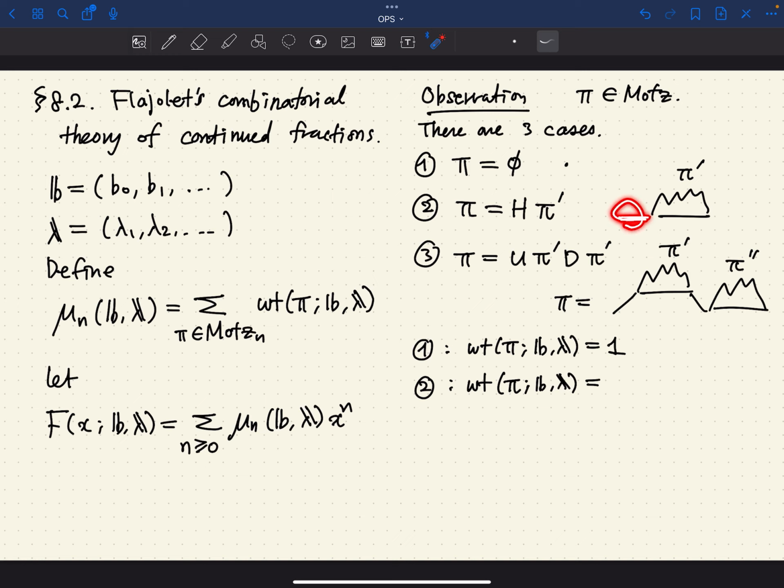We have an extra step, but the rest is the exact same weight that will contribute to pi. So the weight of this step is b_0, and then the weight of pi prime under b and lambda. Okay. And case 3. This is the interesting case.